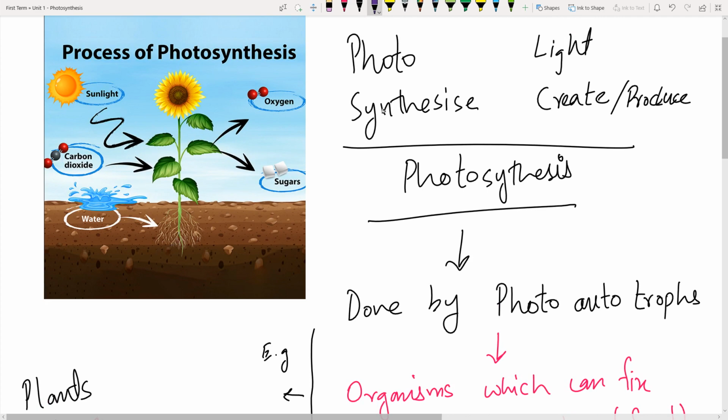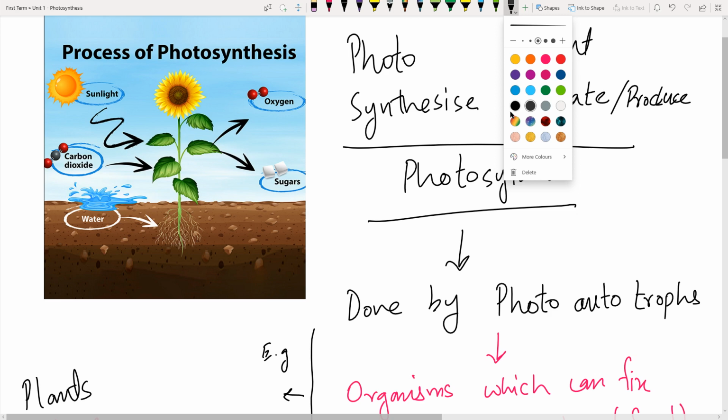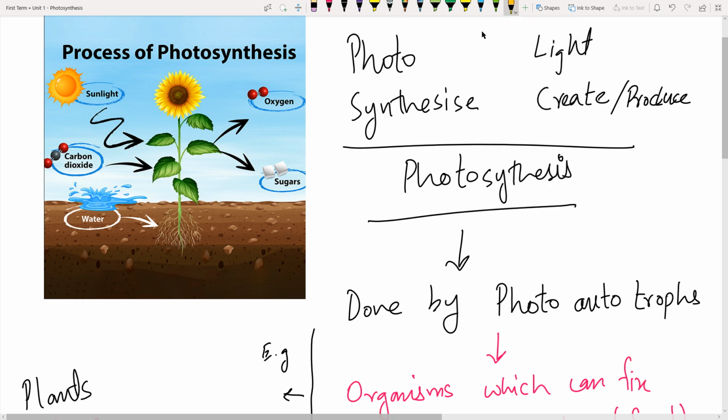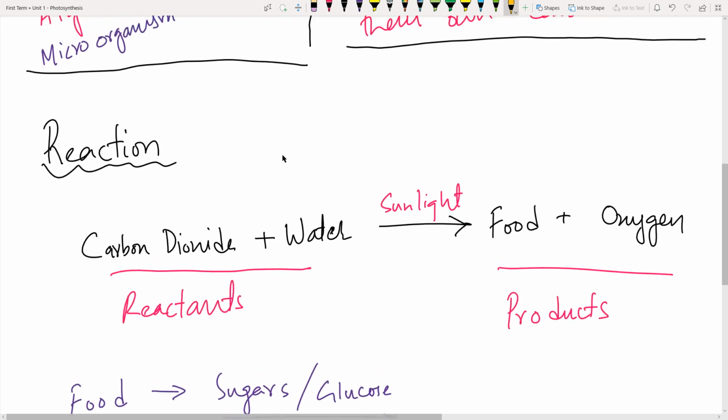The roots are going to, let me just draw this, here we go. I need to add another pen with a yellow tone. We see that water goes up from this side, and the air is taken in. Inside the leaf, this photosynthesis is happening, and this is the reaction happening inside the leaf.